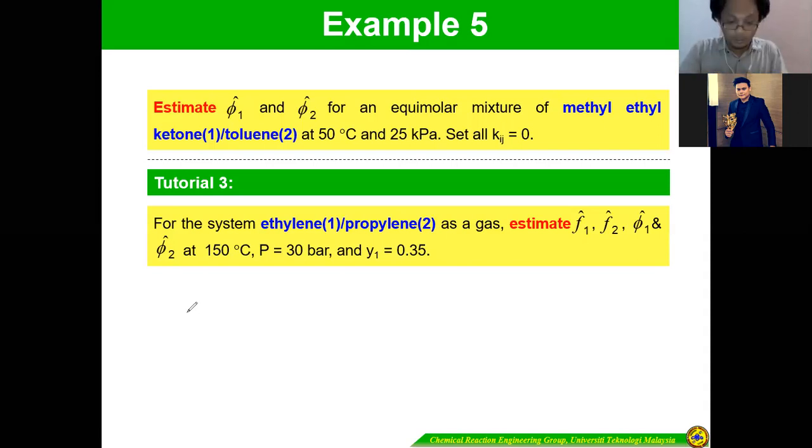Okay, so that is the value for TCIJ, PCIJ, VCIJ, ZCIJ, and omega IJ. And then B naught and B prime.